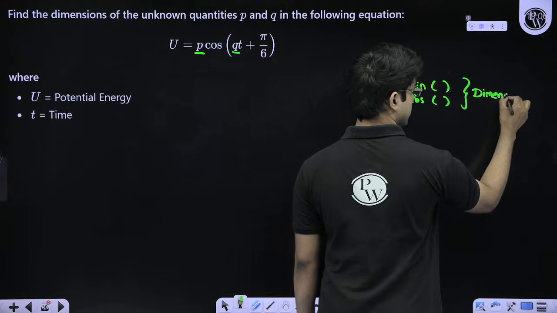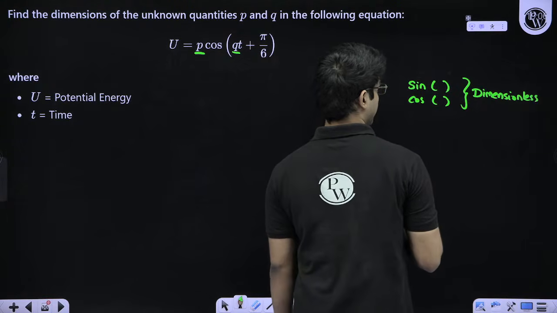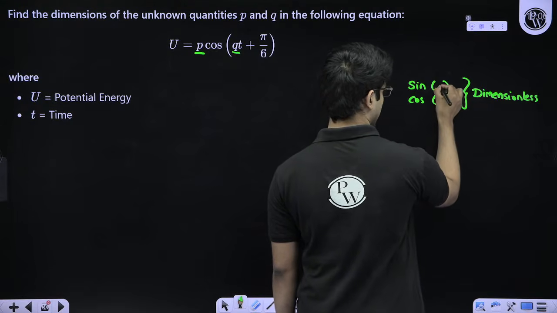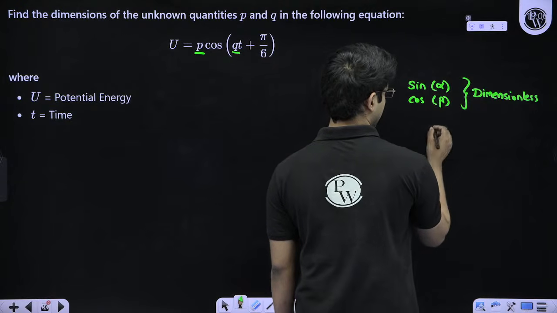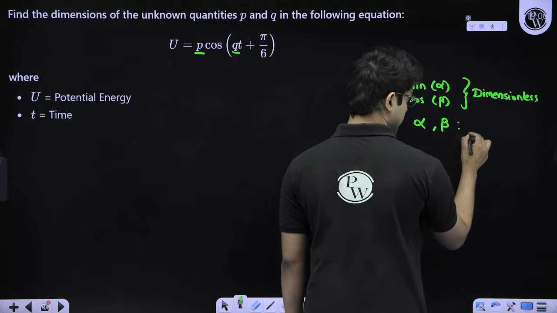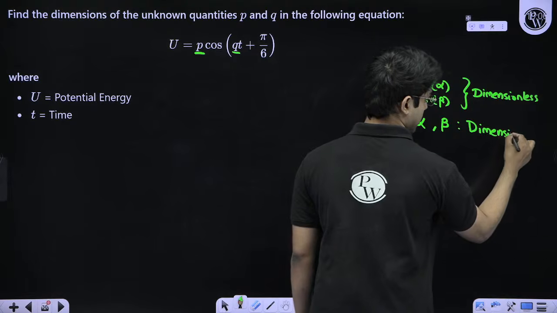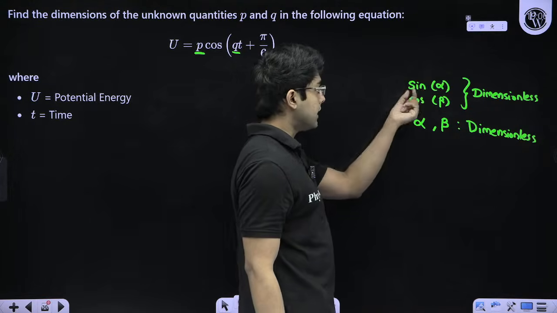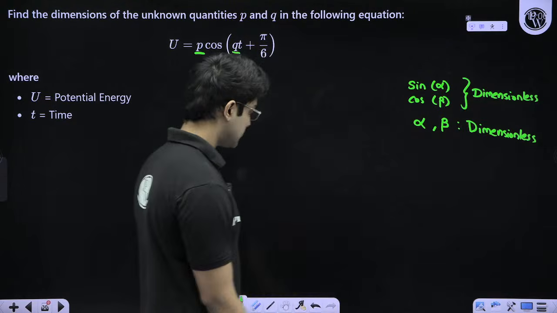These are dimensionless, and the inside things are also dimensionless. So if, let's say, this is alpha and beta, then whatever is inside sine and inside the trigonometric functions is also dimensionless. Basically the input and the output are both dimensionless.